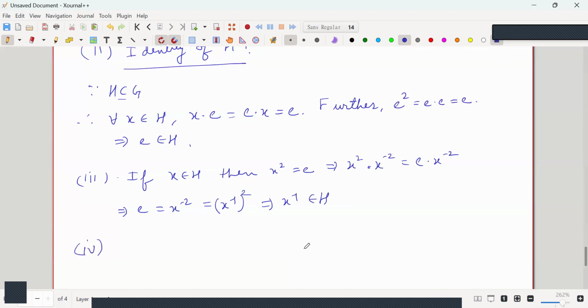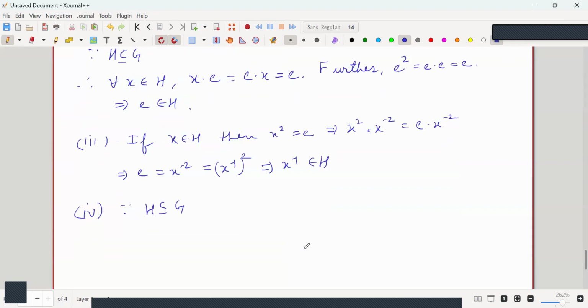Fourth, since H is a subset of G, therefore H also satisfies the associativity property.